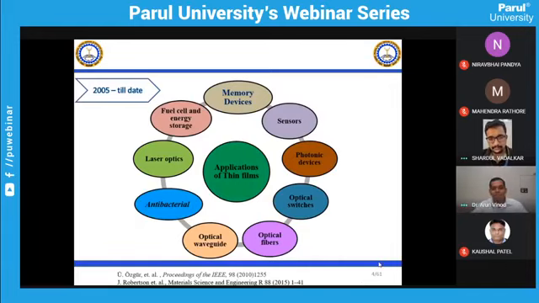Also, in your mobiles and all, they have memory devices and electronic devices, and these components like the thin film transistors and the field effect transistors, the sensors which we use in our phones, all have applications of, or are being substituted with, thin film components. In antibacterial studies, we use thin films. In fuel and energy storage, we use thin films.